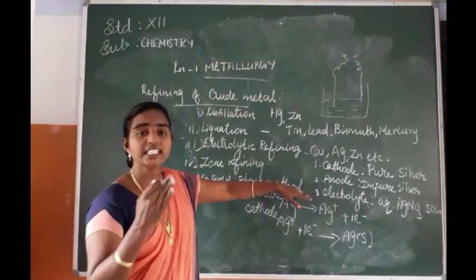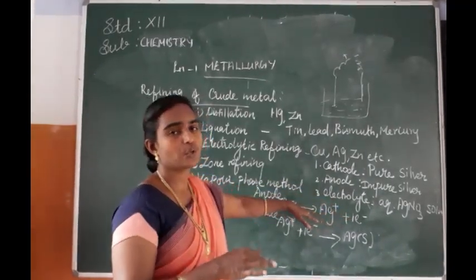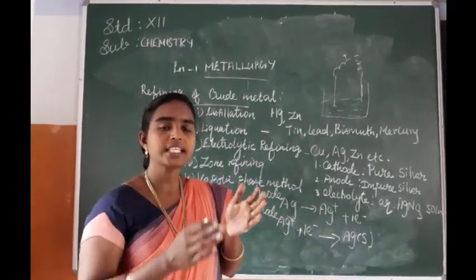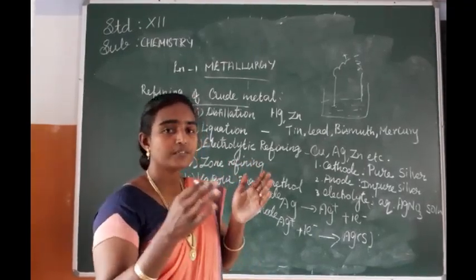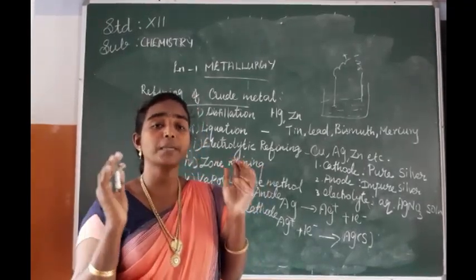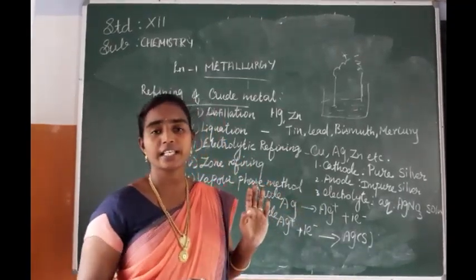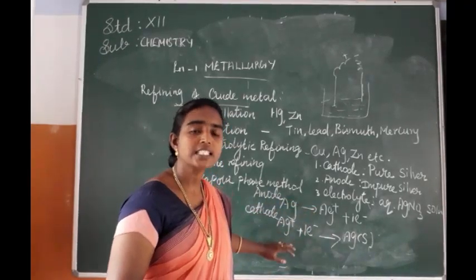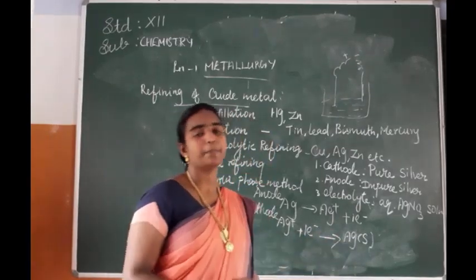If it is zinc, zinc can dissolve in sulfuric acid, so zinc sulfate solution. If it is gold, it means auric chloride. So like this, whichever acid can dissolve it, the salt of that particular metal will be taken in solution form, like aqueous silver nitrate solution. So this is the reaction that occurs in anode and this reaction occurs in the cathode. In cathode, pure silver will be deposited.